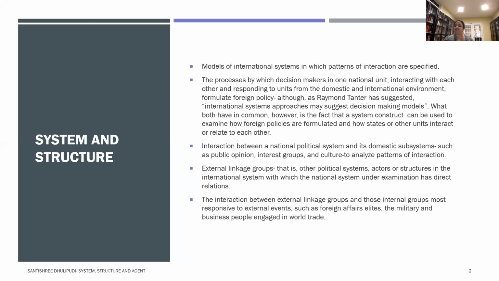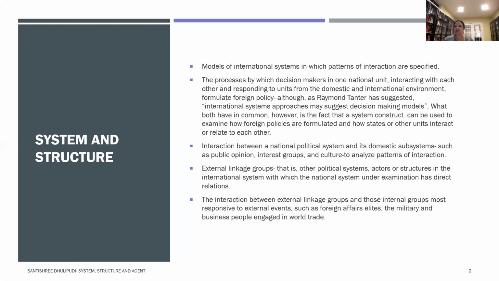Models of international system, in which patterns of interaction are specifically pointed, describe the processes by which decision makers in one national unit, interacting with others and responding to units from the domestic and international environment, formulate foreign policy.